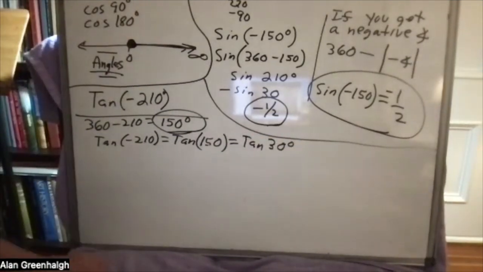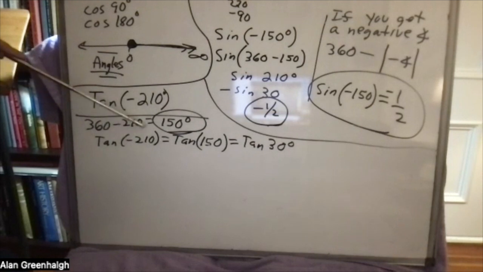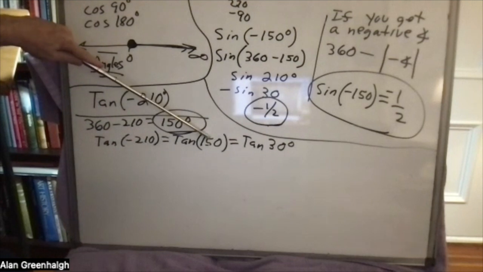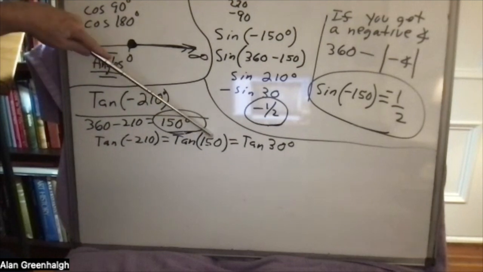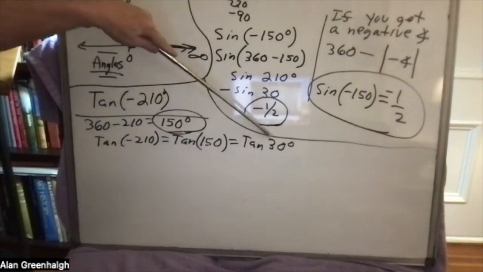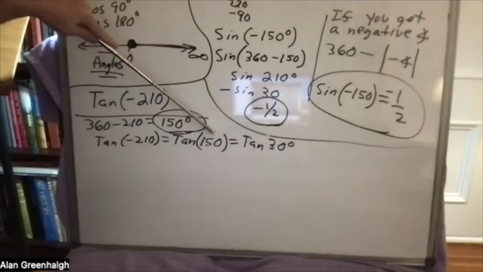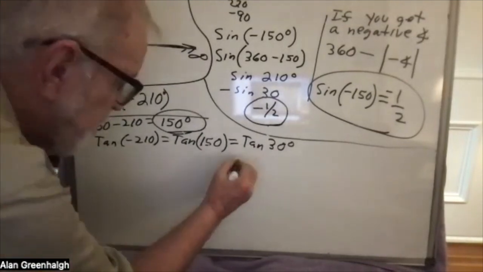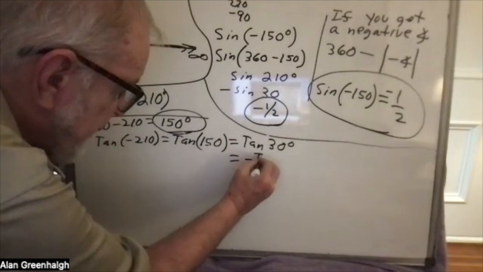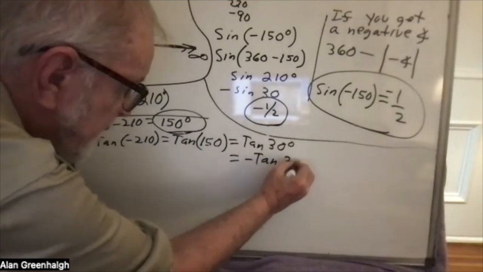Okay, so once again, it's 360 minus 210. Forget about the negative for a minute. It's going to be 360 minus 210 is 150. The tangent of 150 is the same thing as the tangent of 180 minus 150, or 30 degrees. And in the second quadrant, where 150 is, the tangent is negative. So this is going to be negative the tangent of 30 degrees.